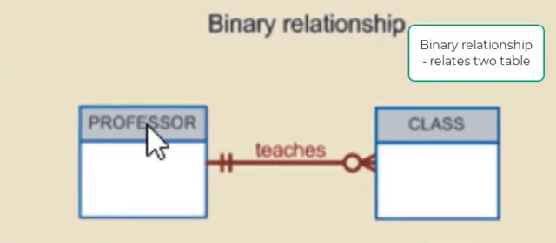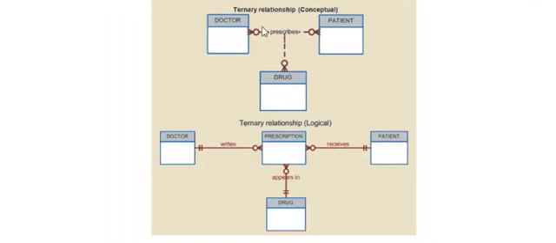Here's our binary relationship, which we've been doing, and here's a ternary relationship. So a doctor and a patient and a drug: a drug is only prescribed when a doctor prescribes a particular drug to the patient.